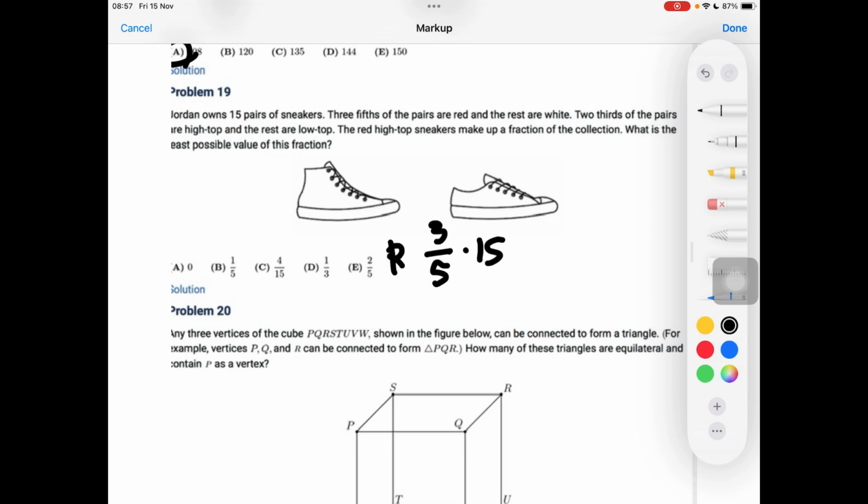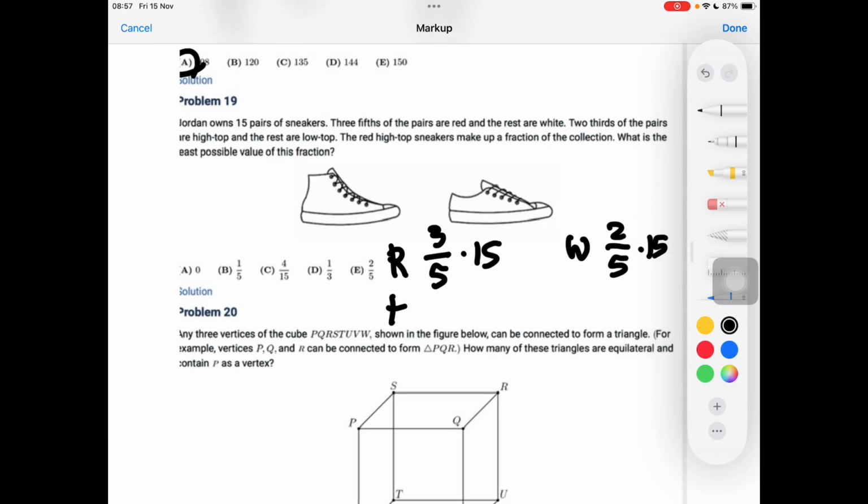So this is red and white. 2/5 times 15. 2/3 of the pairs are high top, and low top 1/3. Red high top sneakers make up a fraction of the collection. What is the least possible value of this fraction?